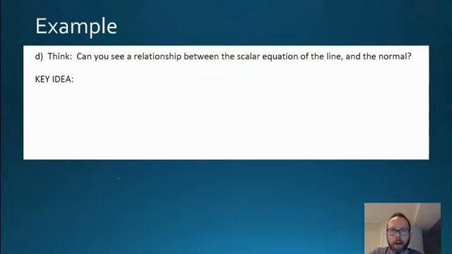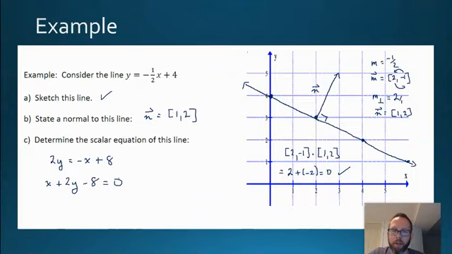So check out the scalar equation we got and the normal. x plus 2y minus 8 equals 0, and our normal is [1, 2]. Can you see a connection between the normal and this scalar equation? If you notice that the normal actually appears in the scalar equation, good for you. The normal is [1, 2], and the coefficients of x and y are 1 and 2. That actually always happens.